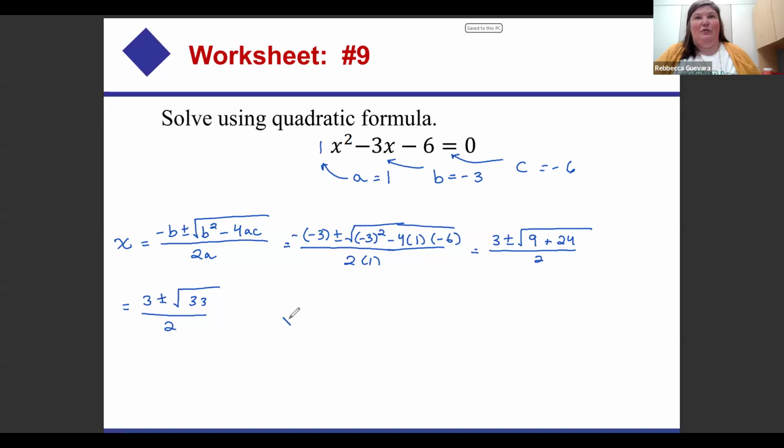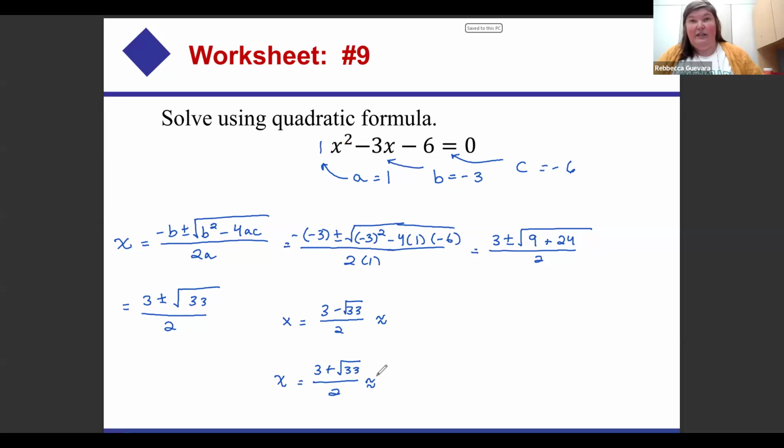So like I said, we have two solutions as always. We have x equals 3 minus the square root of 33 over 2, and then we have 3 plus the square root of 33 over 2. If we want to get our approximate answers, you'd have to have 3 minus the square root of 33.